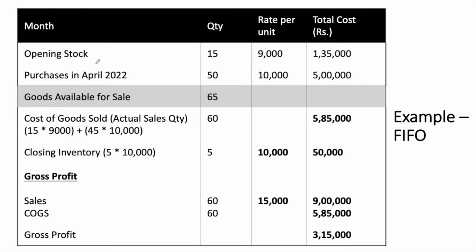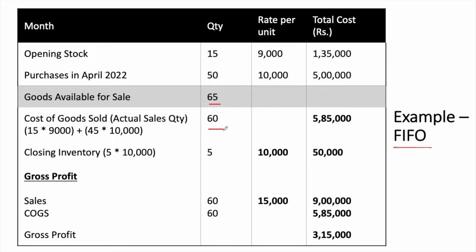Now, in our example, opening stock is 15 units at 9,000, 1,35,000. Purchases 50 units at 10,000, 5 lakh rupees. So the goods available for sale are 65 units. Out of the 65 units, 60 units have been sold. Now in this case, we're using FIFO, first in, first out.